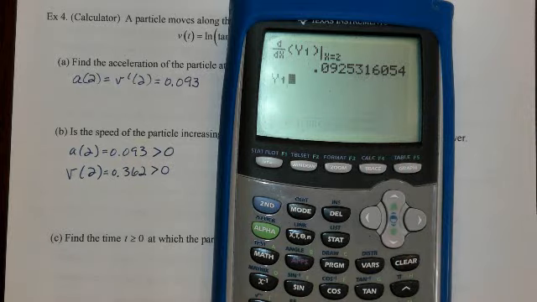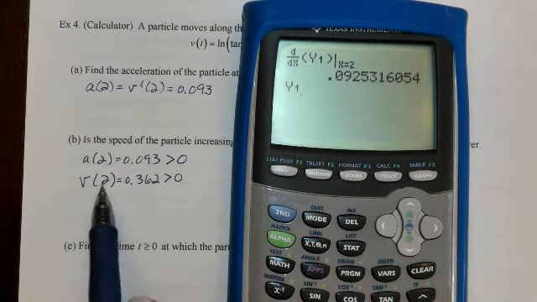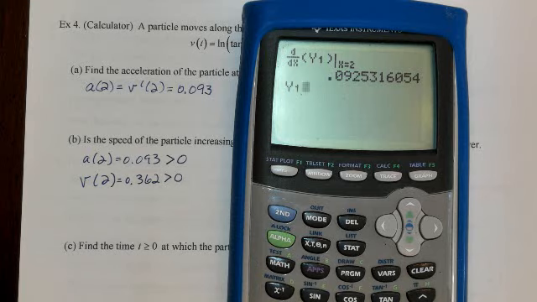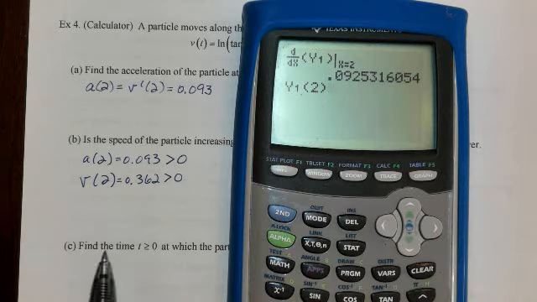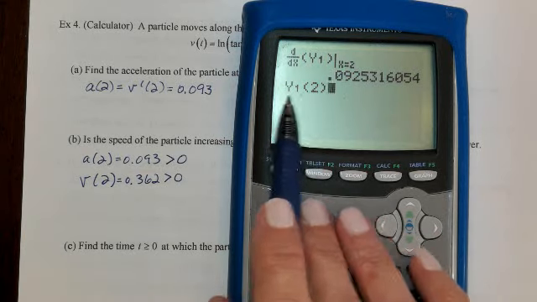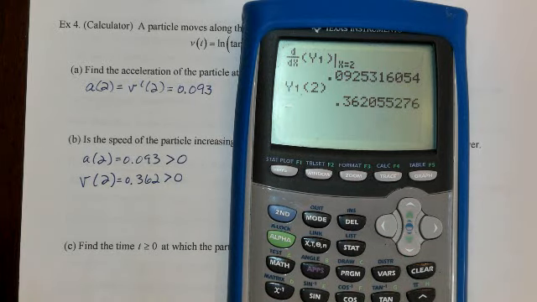We want to evaluate that at time 2. Did you know your calculator can do this? If you do parentheses 2, it will evaluate your function at time 2. Many teachers don't even know that this does that. Same thing.